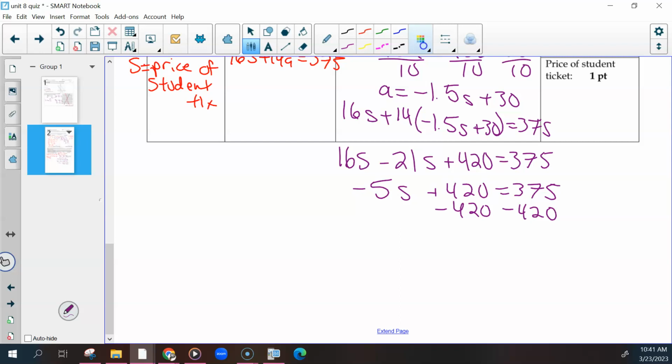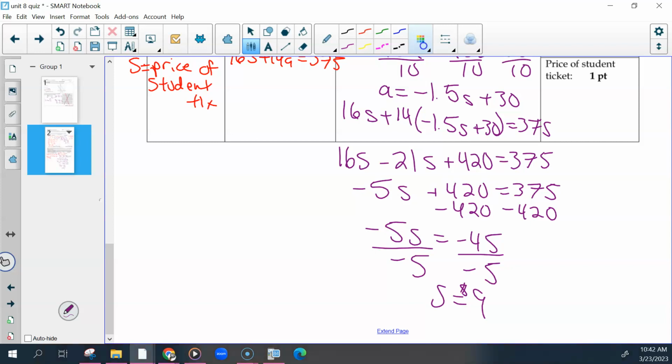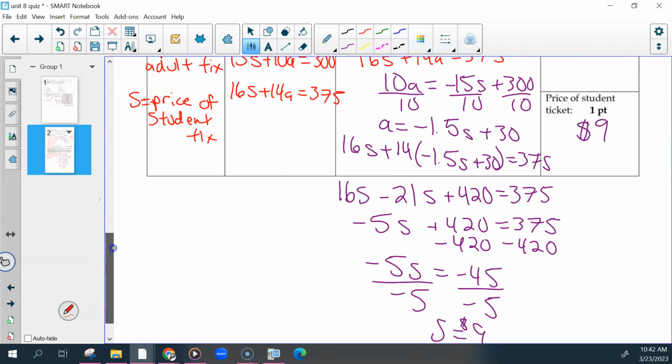Some of you, when you did this process, missed a negative somewhere, so you ended up with a negative. But you should end up with two negatives somewhere so that they both cancel. So the price of the student tickets was $9. And then you had to put that back into one of your equations.